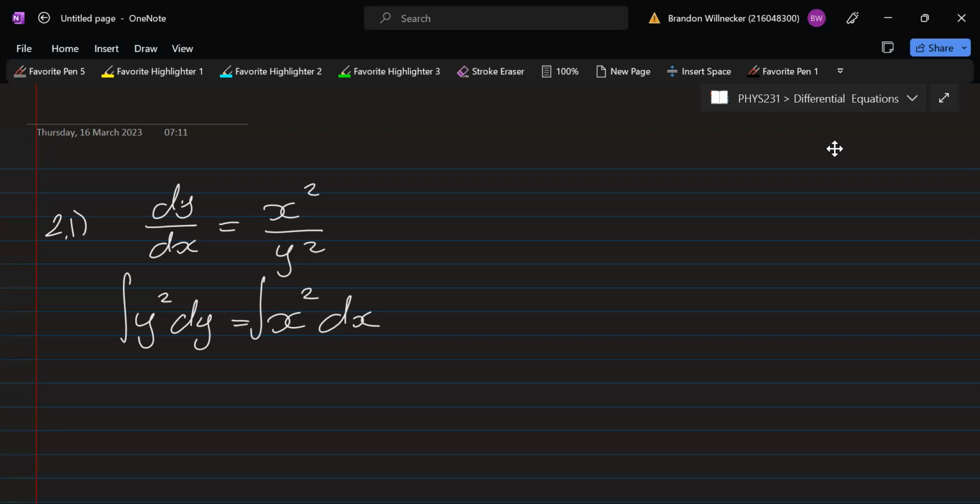Or we can use the work we did on homogeneous equations. Remember, we said u is equal to y over x, and then we changed everything to be in terms of u. So we let y over x be u, we find y prime in terms of u, and then solve the equation in terms of u, and then go back and replace this with y is equal to u times x.